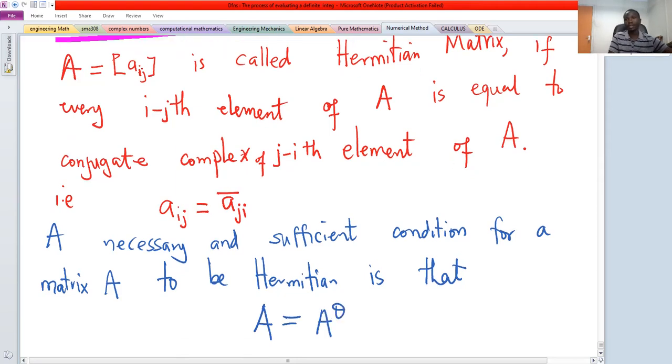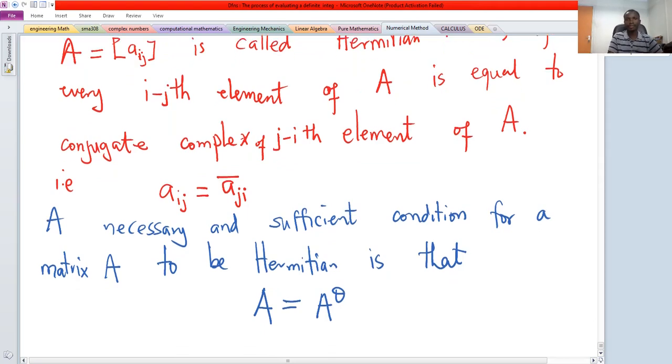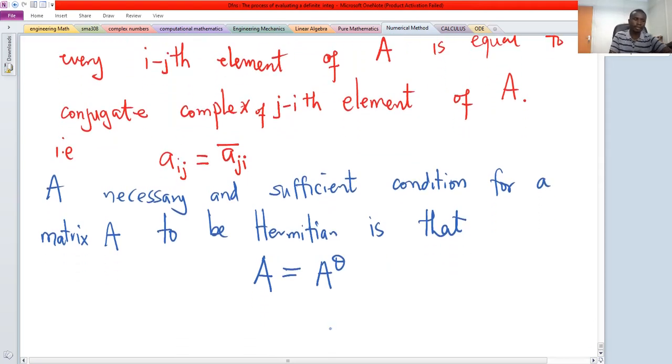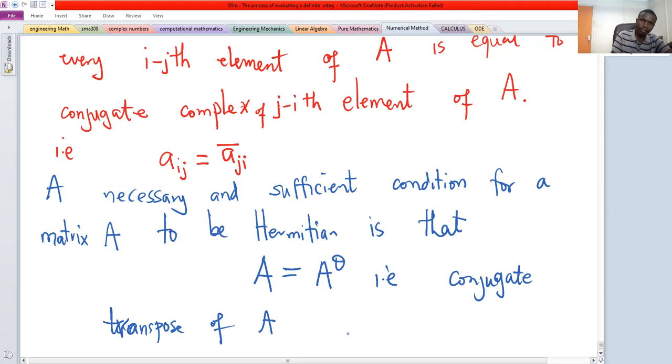Remember, A power theta was the transpose of the conjugate of A, i.e., the conjugate transpose of A. So A equals A conjugate transpose.